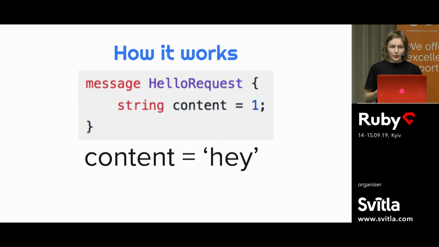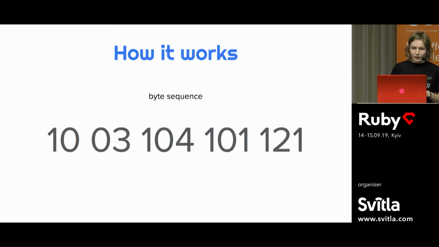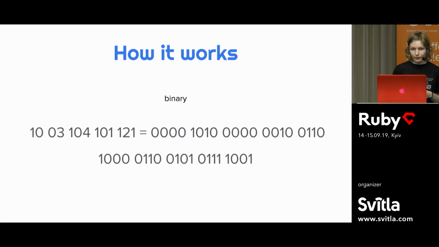So let's imagine that we have this message hello request with a single field content of type string, and we want to send content with hey. As a result, we will receive this byte sequence of 5 bytes, or the same sequence in binary representation.